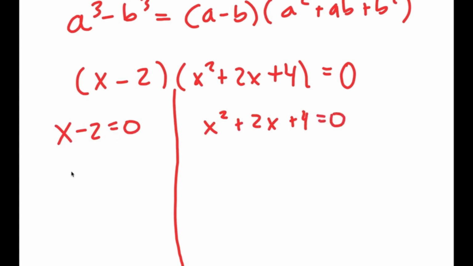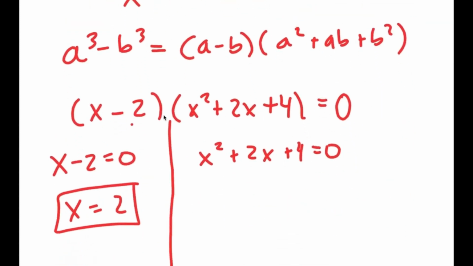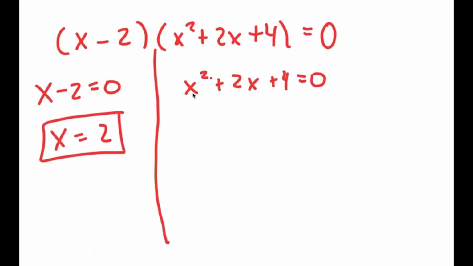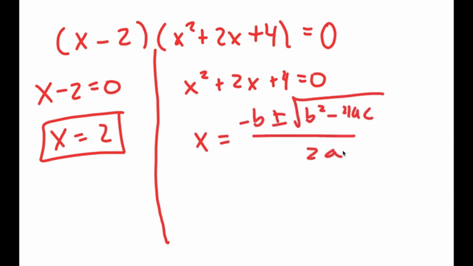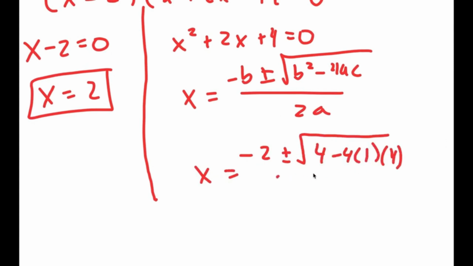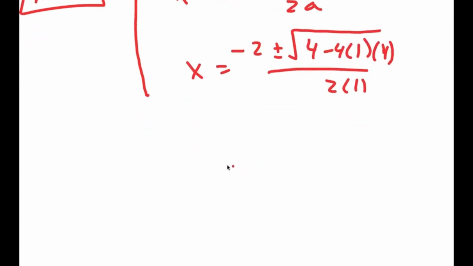So for x minus 2 equals 0, I get x equals 2, which was a solution that we already got. But now see, on top of this, we have a whole nother equation with two more solutions because it's a quadratic equation. So to solve this, I'm going to use the quadratic formula. So I get negative 2 plus or minus the square root of 2 squared, which is 4, minus 4 times a, which is 1, times c, which is 4, all over 2a, so 2 times 1.